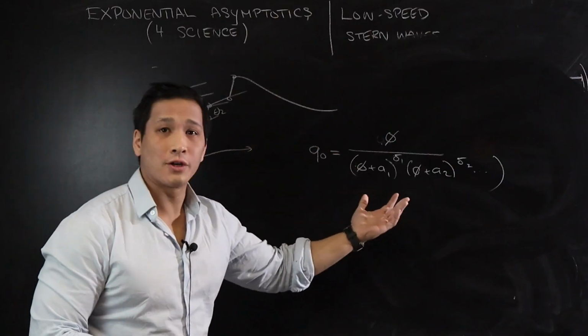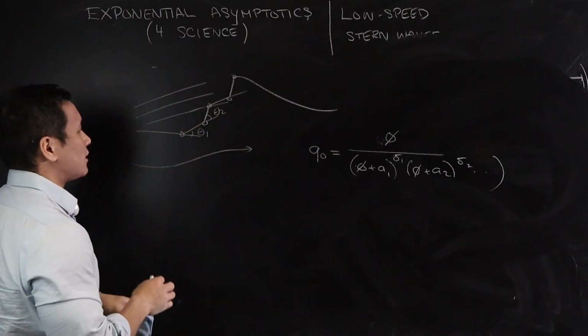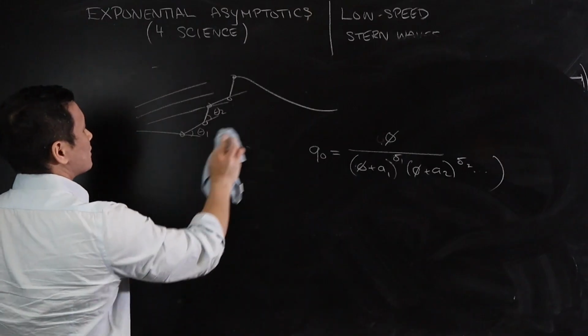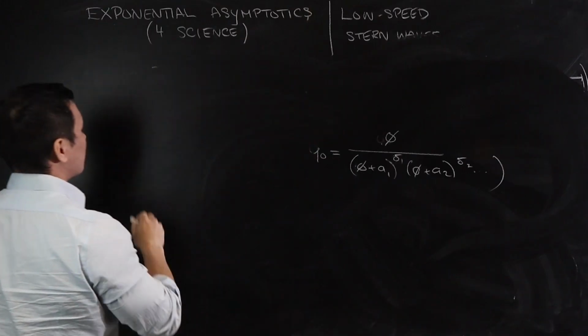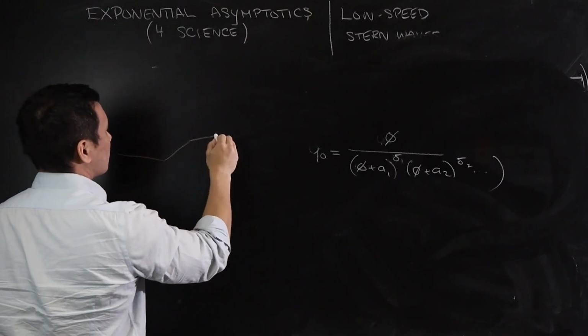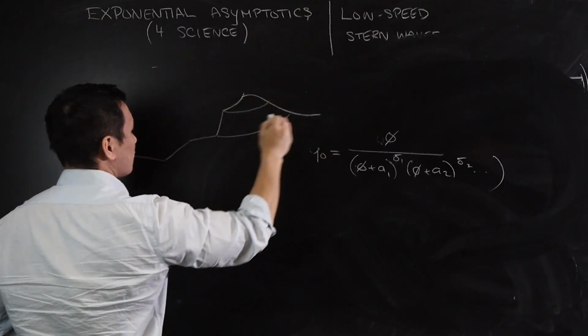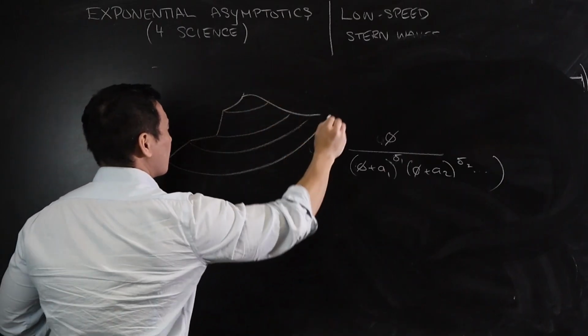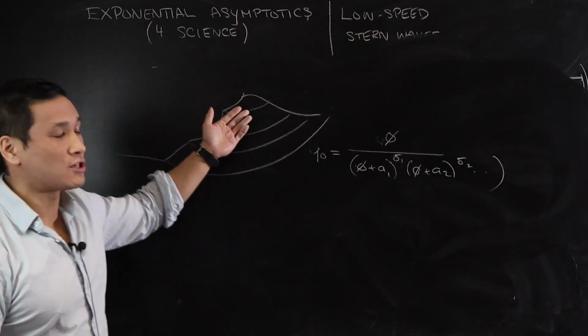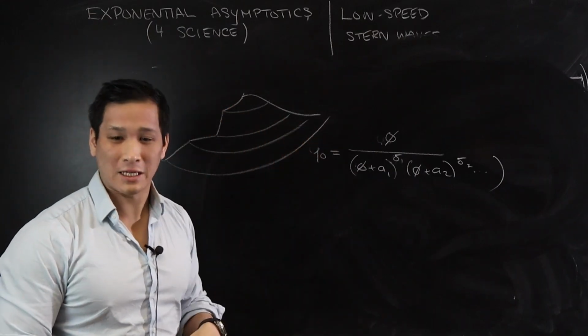And what are you going to see in this picture? Well, what you'll see is that there's essentially a Stokes line that comes from every point, or potentially every point in the geometry. And across each of these points, you're going to switch on an exponential.